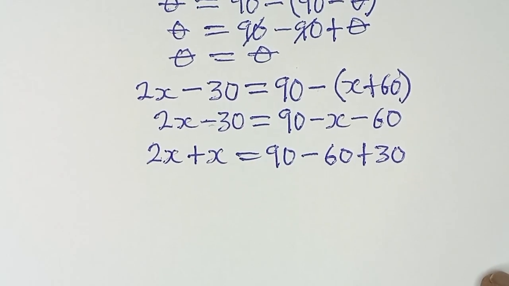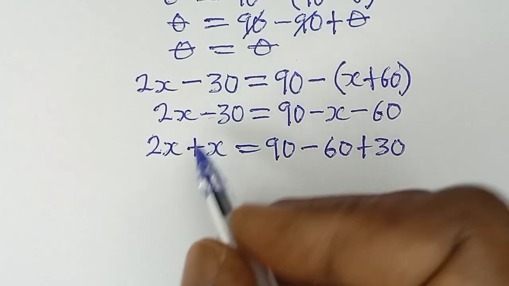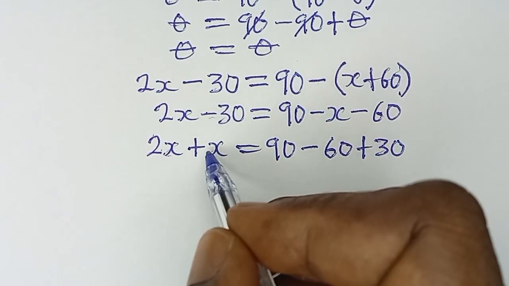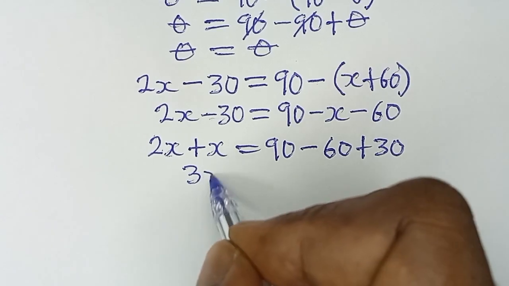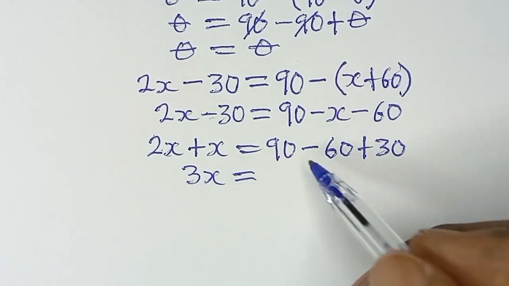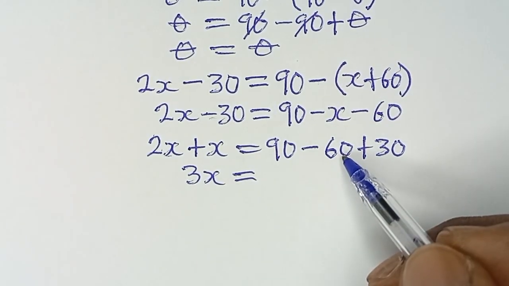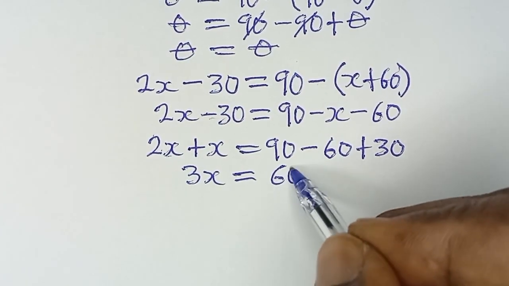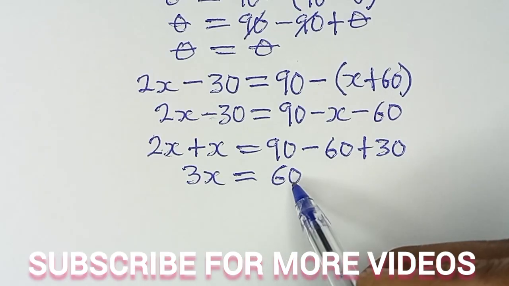Then simplifying further, I have 2x plus 1x. This is like 1x, so 2x plus 1x is 3x, and it is equal to 90 minus 60, which is 30, and then 30 plus 30 gives us 60. So now I have 3x is equal to 60.